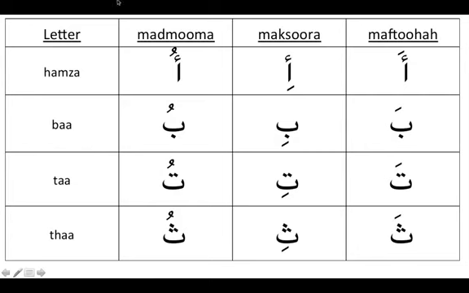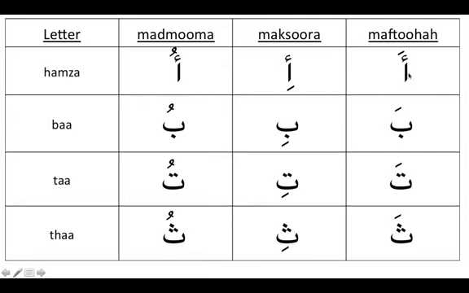Okay, so I will quickly do the sounds of the maftuha, maksura, and madmuma letters. If you want, you can go back to the previous lesson for details, but I'll quickly go through this now. A, I, U, Ba, Bi, Bu, Ta, Ti, Tu, Tha, Thi, Thu.